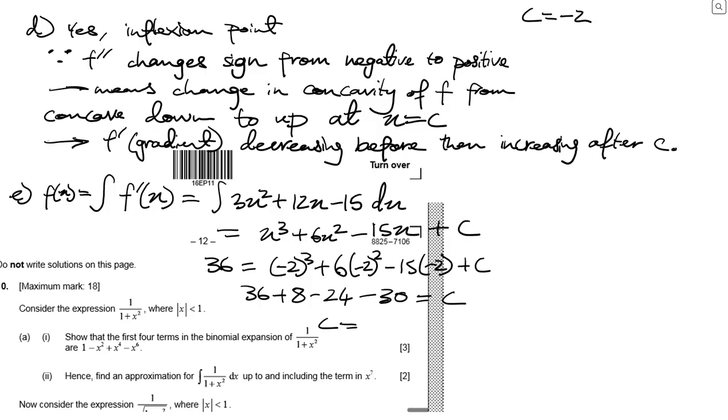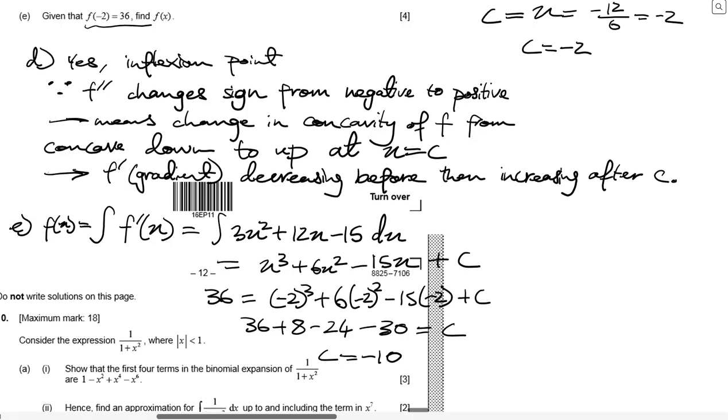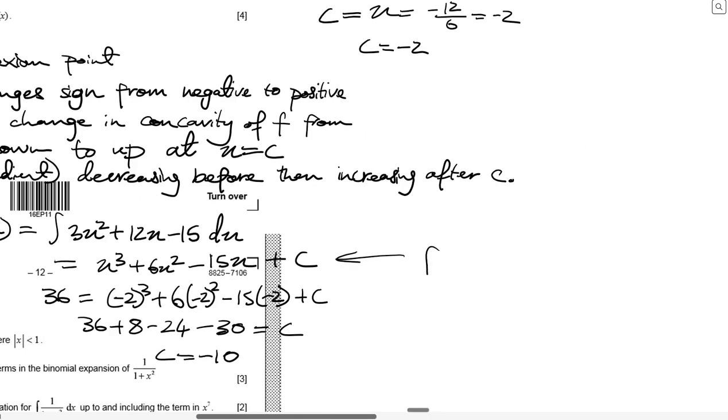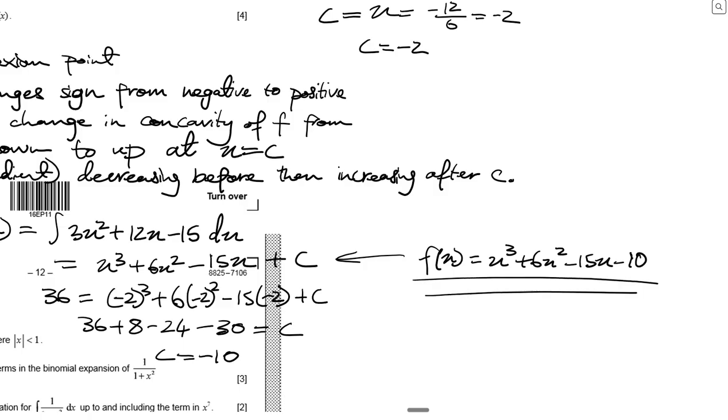So c is equal to 6 plus 8, 14, 14 minus 24, negative 10. Let's plug that back into our equation. So f of x is thus equal to x cubed plus 6x squared minus 15x minus 10. And that is our answer.